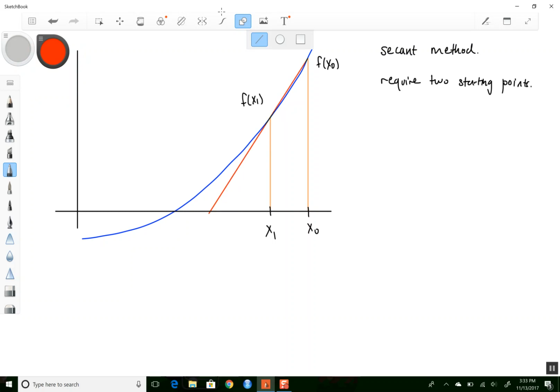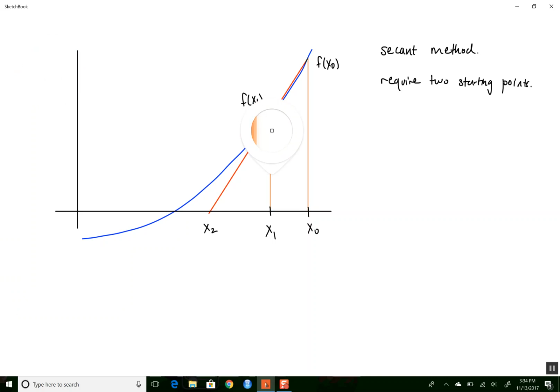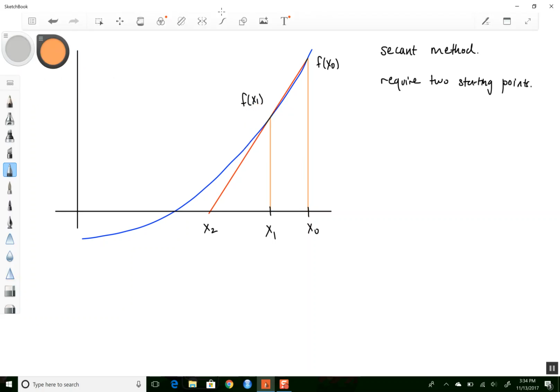It goes from there to there, and then it runs into the y equals x line. This location will be our x2.